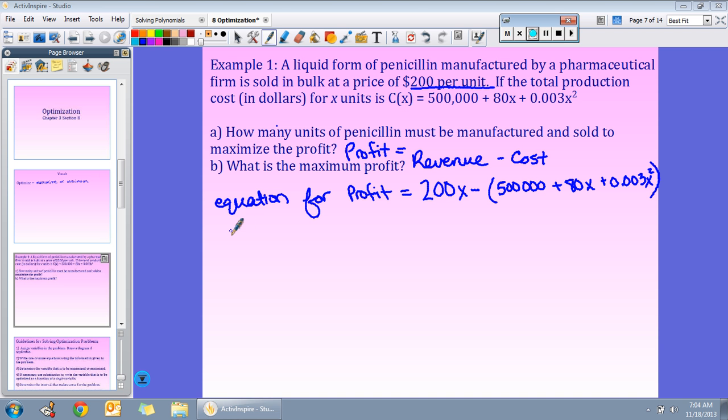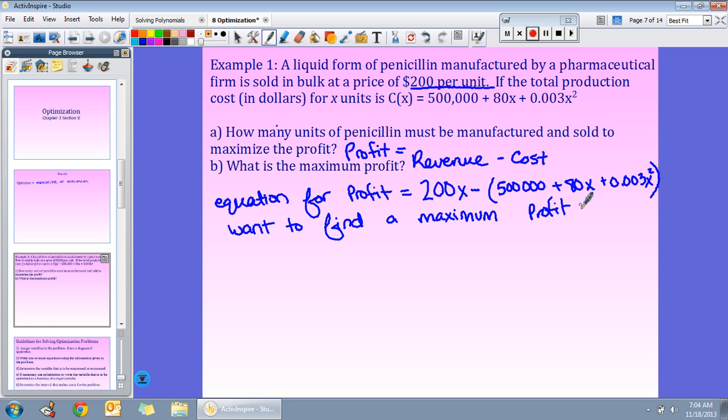The point of this is we want to find a maximum profit.